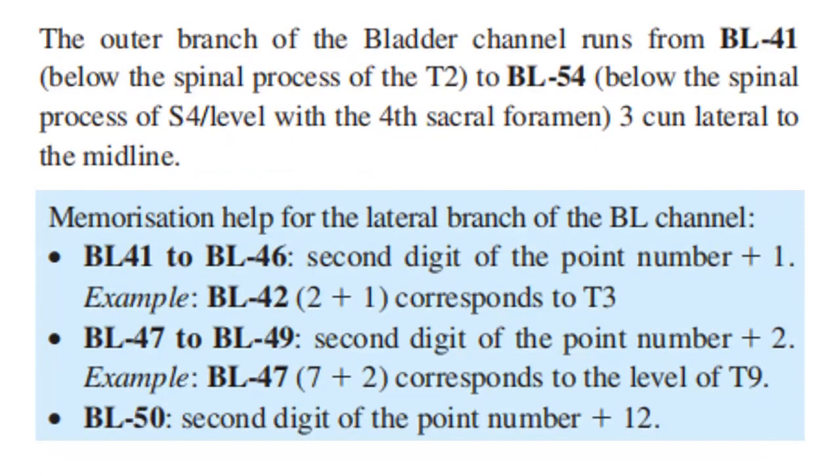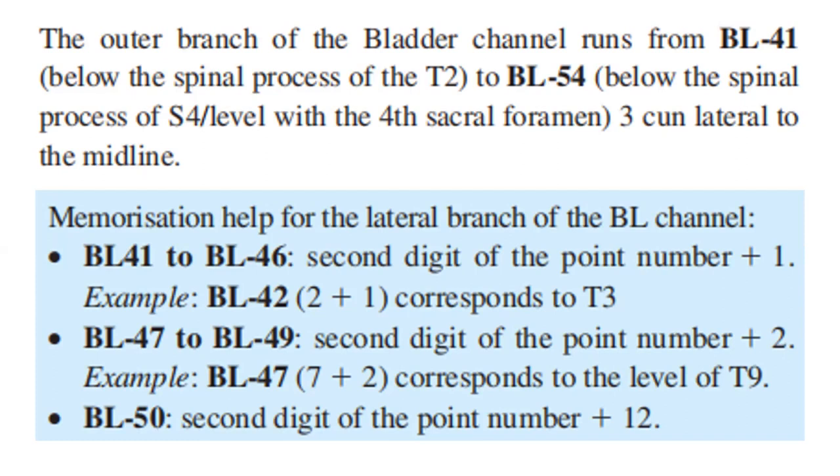The outer branch of the bladder channel runs from bladder 41 below the spinous process of T2 to bladder 54 below the spinous process of S4, level with the fourth sacral foramen, 3 cun lateral to the midline. Memorization help for the lateral branch: bladder 41 to bladder 46, second digit of the point number plus 1.